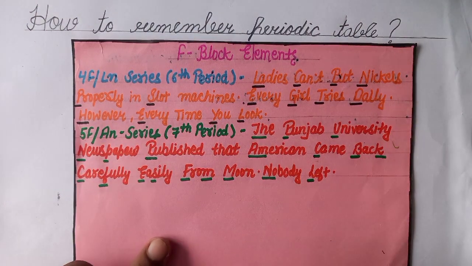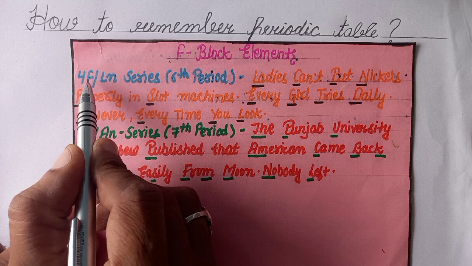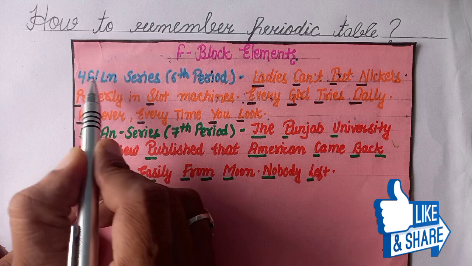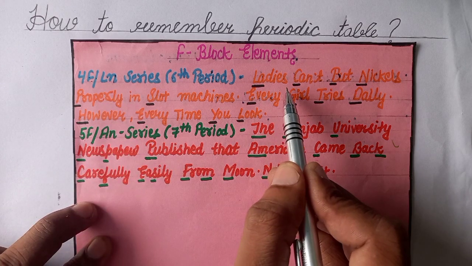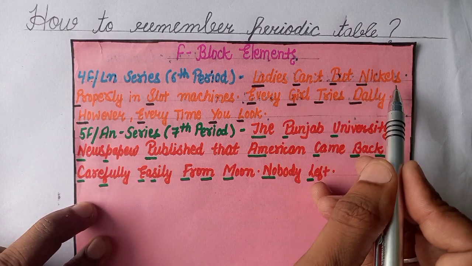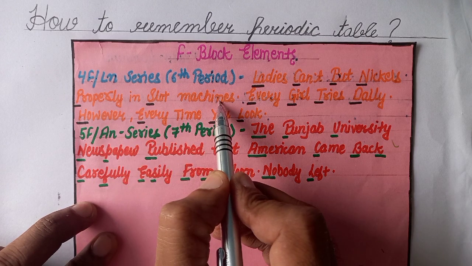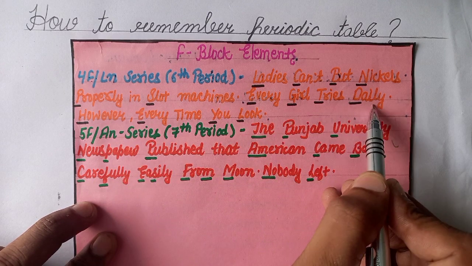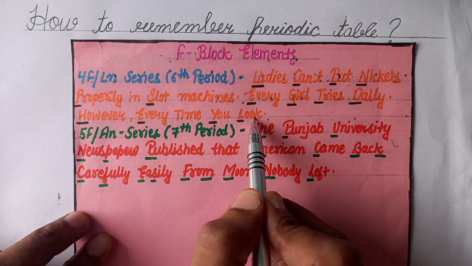To remember F block elements, the trick for the first series or 4f series or lanthanoids is: ladies can't put nickels properly in slot machines. Every girl tries daily. However, every time you look.